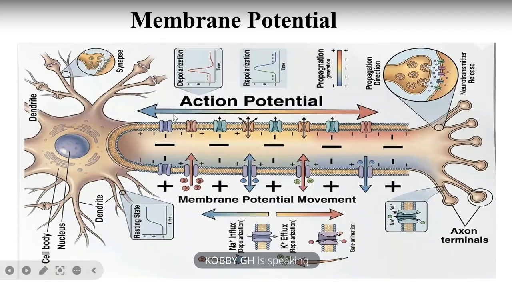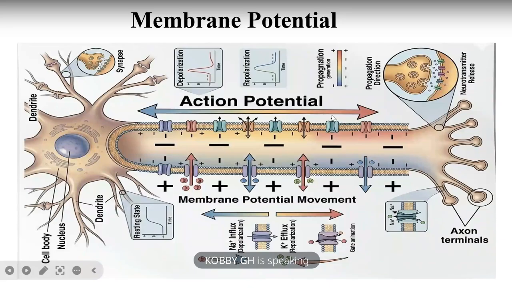When it gets to this step, the sodium here will move inside, potassium moves outside, then the impulse moves. When it gets over here, sodium moves inside, potassium moves outside, and the impulse continues. The same happens at each further step: sodium moves inside, potassium goes outside, and the impulse continues.